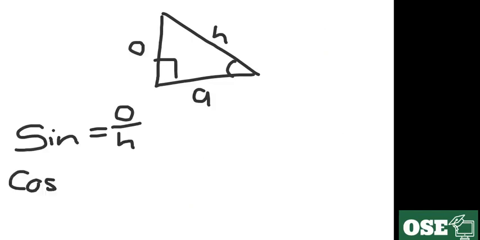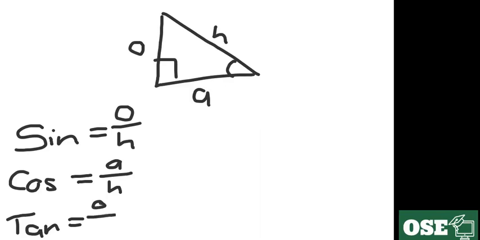Cos is equal to adjacent over hypotenuse, and tan is equal to opposite over adjacent. And it depends on what the angle is.